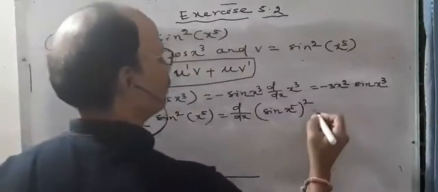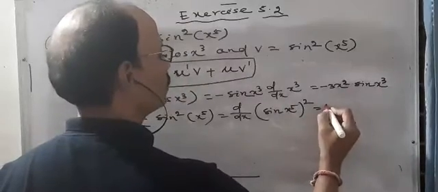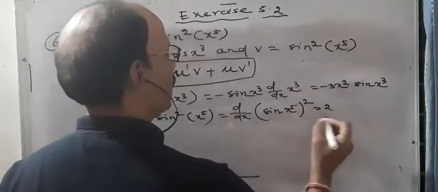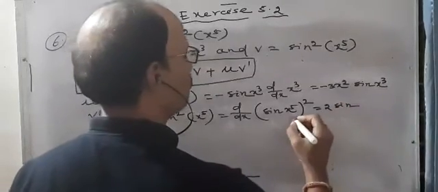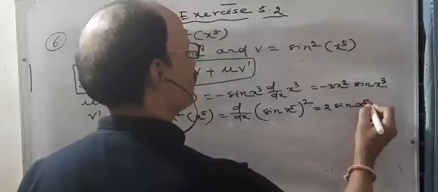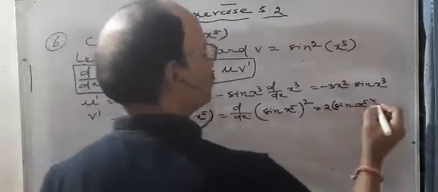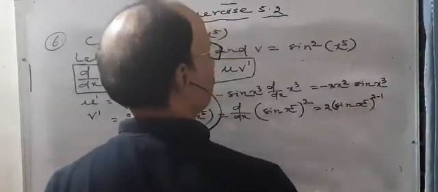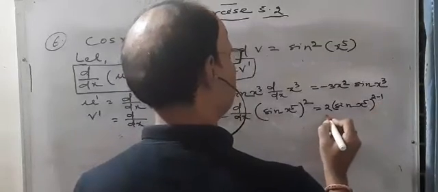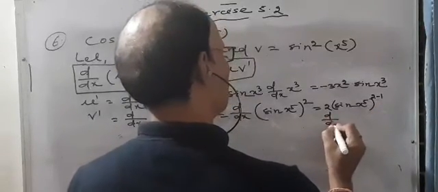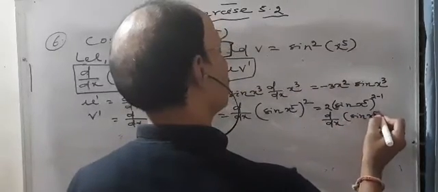Now first of all we have to solve this square, so it will be 2 alike side and then sine x to the power 5 to the power 2 minus 1, then d dx of sine x to the power 5.